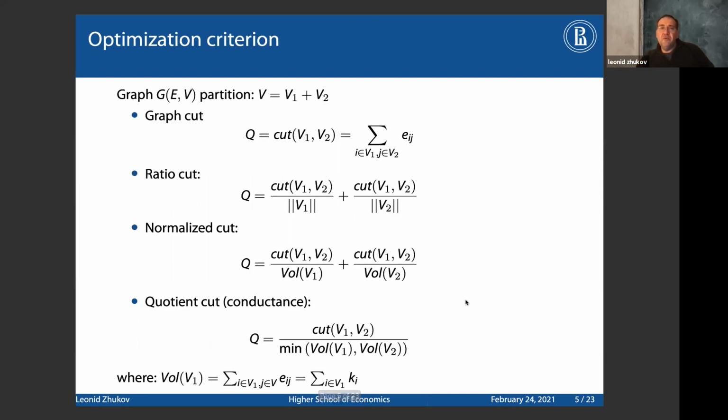We want to find the optimal cut, the minimal cut. So let's select graph cut as the optimality criterion, and we want to find a cut that is the smallest. We want to split the graph into two parts, minimizing the cut.